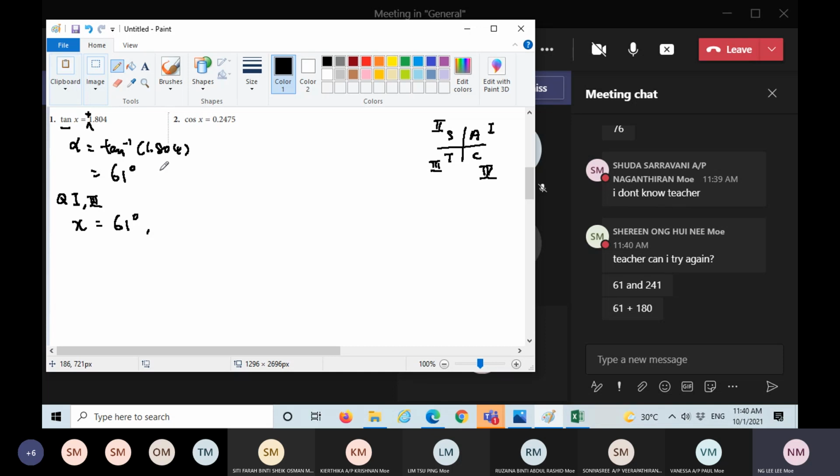Very good, 180 plus 61. Because in the third quadrant, you have to do 180 plus the alpha. The alpha here is 61. Therefore, she got 180 plus 61. So the answer is 61 and another one is 241. Thank you, Charlene.